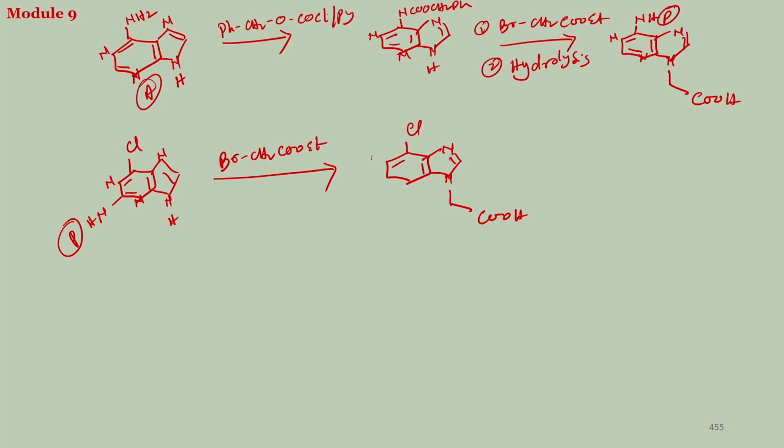You have Cl, nitrogen, NHP protection, and you have N here, and then PhCH2ONa. So, sodium salt of the alcohol, PhCH2O minus basically is anion. If you do a straightforward hydrolysis, you will have a double bond over here.